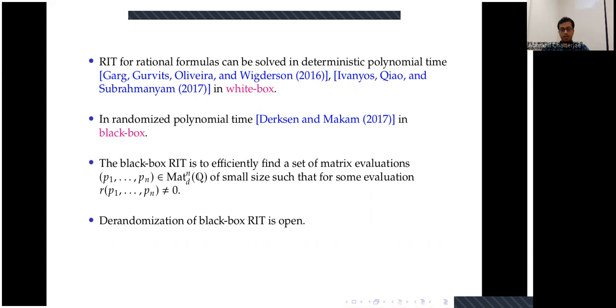Or equivalently, you can think of it that we want to get a hitting set for rational formulas. That if we are given a class of rational formulas, we want to output a small list of matrix evaluations so that if we have a non-zero rational formula, we'll be able to find a witness of it. Okay.